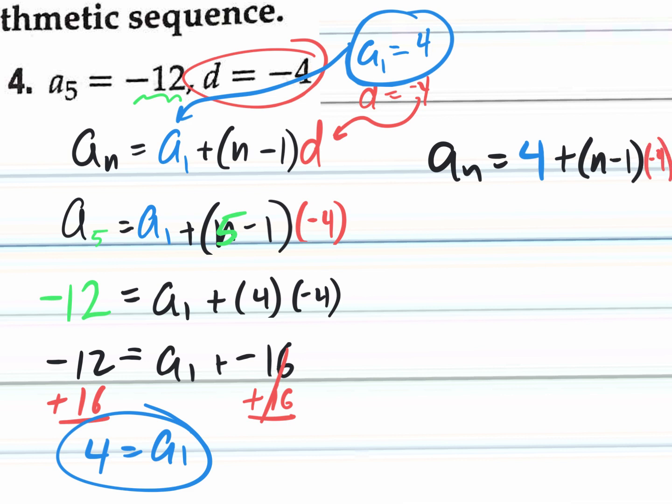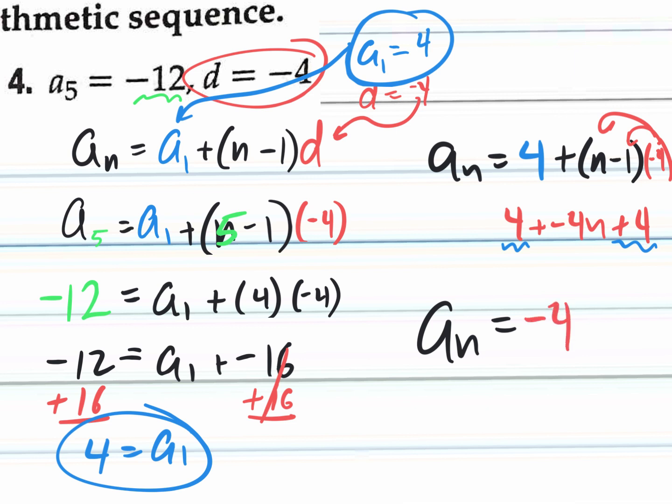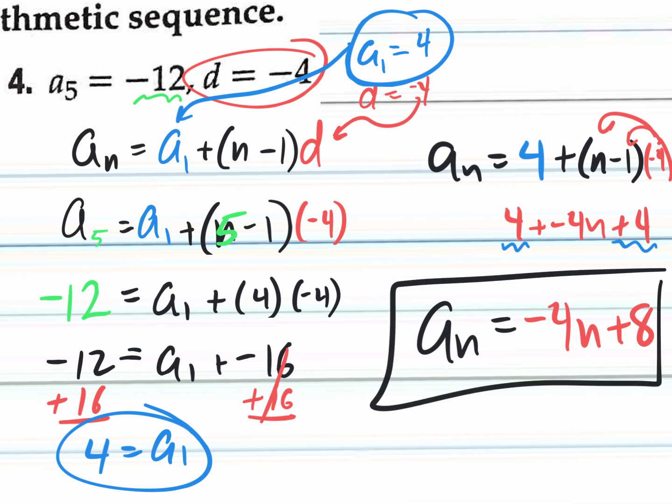And we are going to make this nicer by distributing negative 4 times n, negative 4n, negative 4 times negative 1, positive 4. Bring down the plus 4 over here, that positive 4. So we could combine the first term with the last term. 4 plus 4 is 8. So our a sub nth rule here is negative 4n plus 8. There's your a sub nth rule.